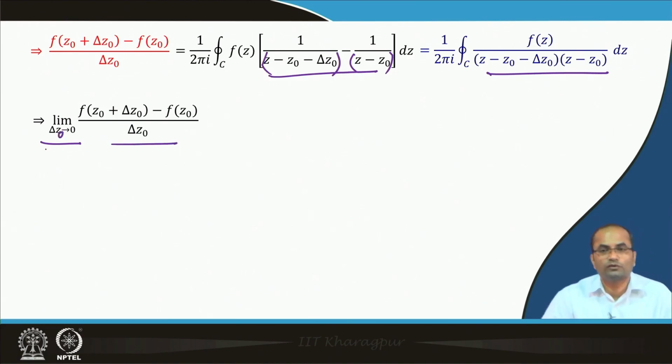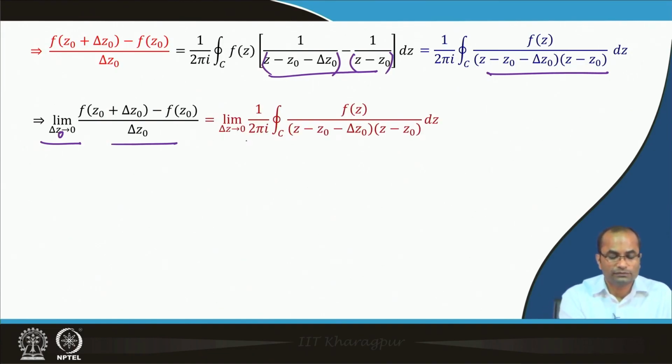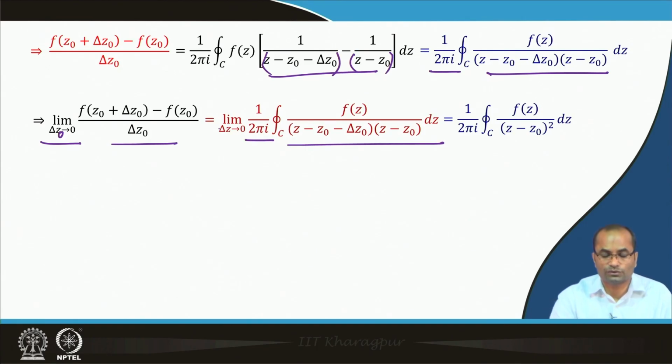Now if we take the limit as delta z0 approaches 0, that is exactly the derivative of f(z) at z0. So, taking this limit, what do we observe? We have 1 over 2 pi i and this integral, and as delta z approaches 0, the denominator becomes (z minus z0) times (z minus z0), that is (z minus z0) squared, and everything is free from delta z0.